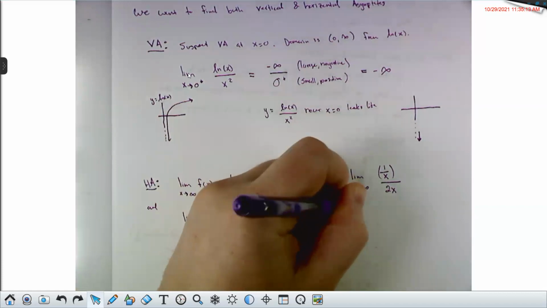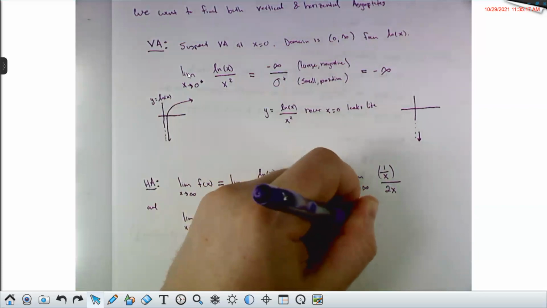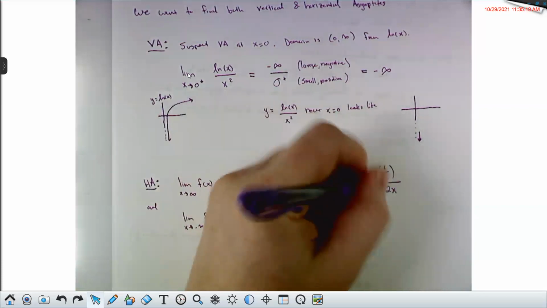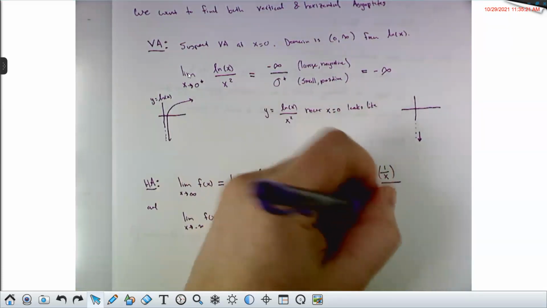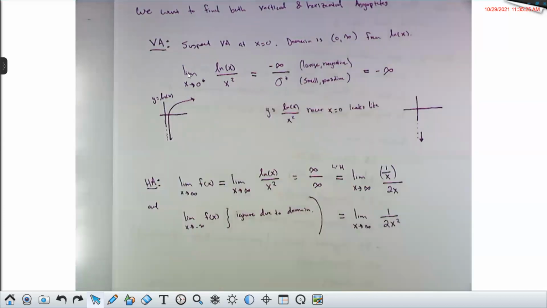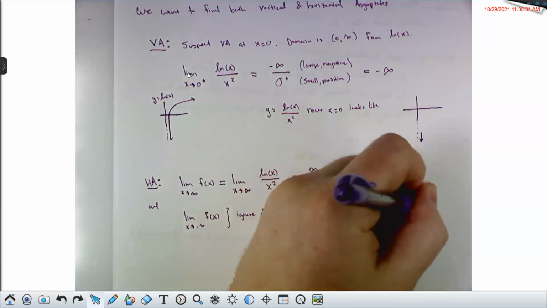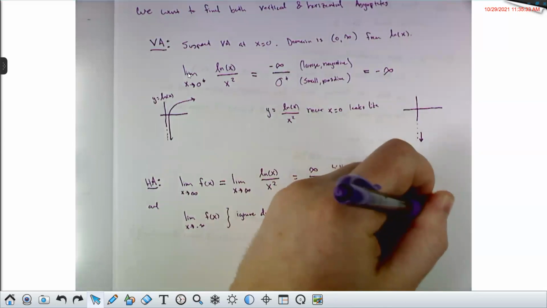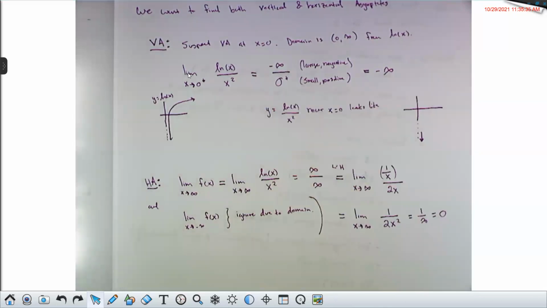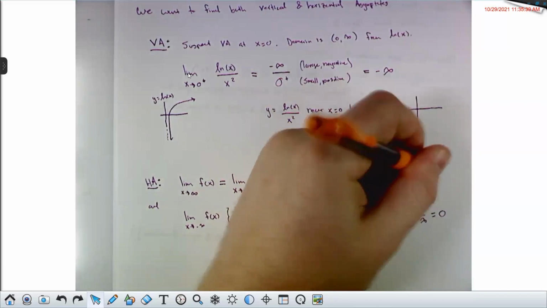And you could actually work with this directly here, but I think it's nice. 0 over infinity. Yeah, it is. So this is 0 over infinity, but let's just for the sake of doing the algebra, 1 over x divided by 2x is 1 over 2x squared. So this is definitely 0, right? The denominator is going to infinity, which is 0. But you could also, like Sarah says, argue from here that this is 0 over infinity, which is 0.